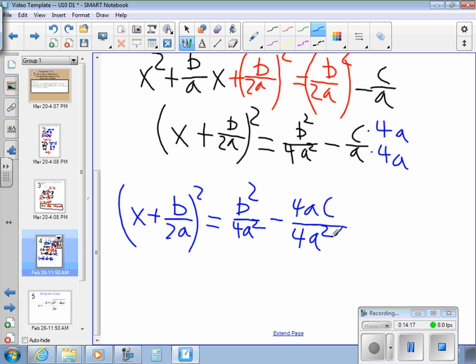Notice I put my coefficient out front and my variables in alphabetical order there.